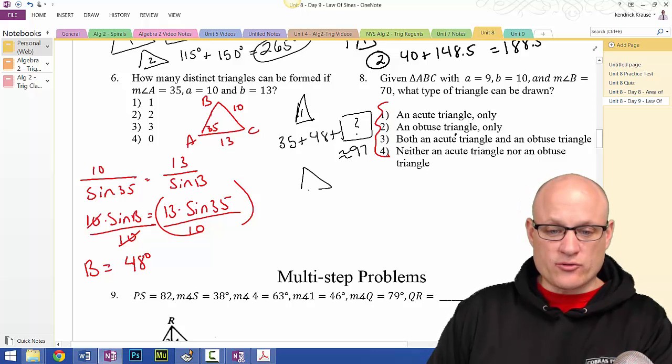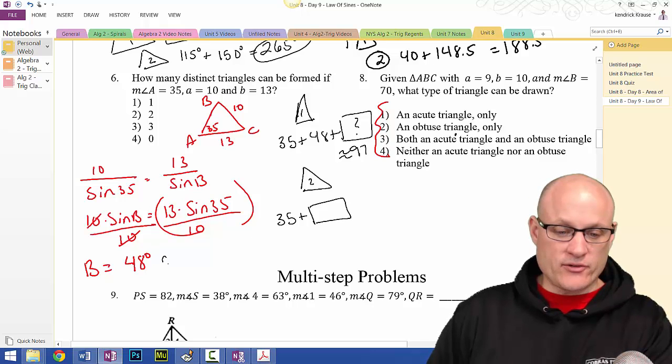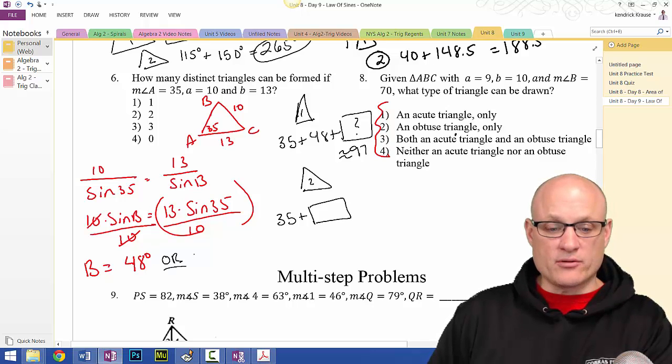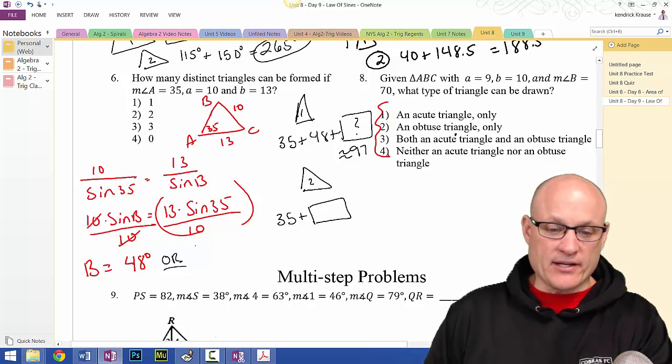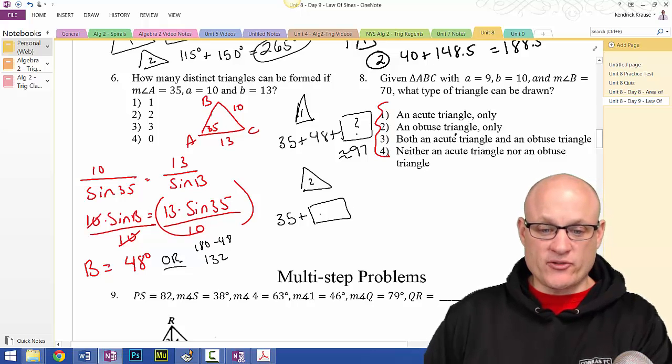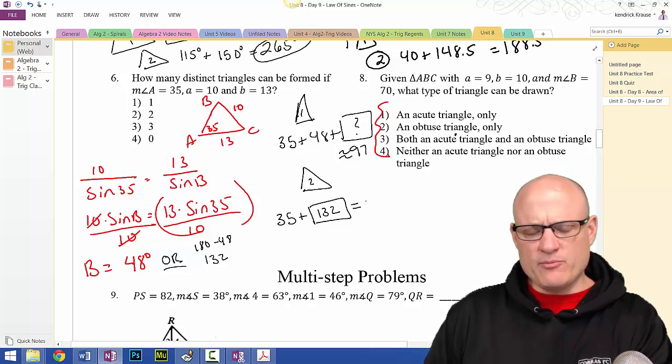Or triangle 2. Okay, wait a second, let's go back to what we're doing over here. We did not find the other angle. So 180 minus 48 is 132. So my second angle would be 132. Does it leave me any left over for a third angle?